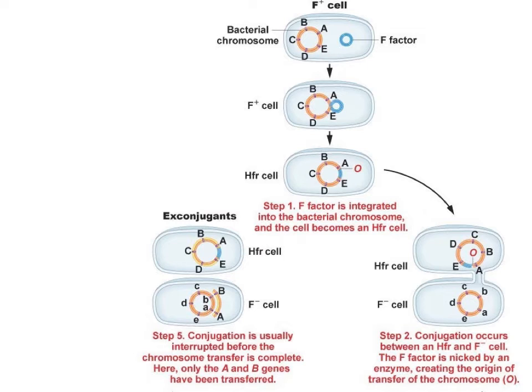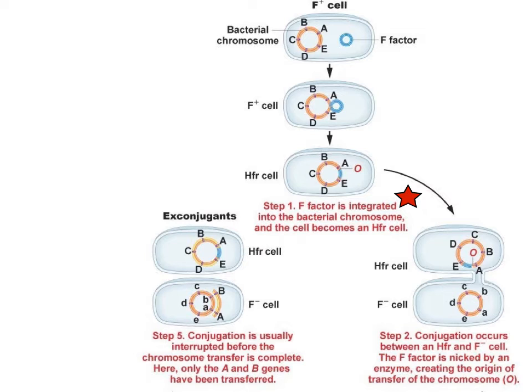So on the bottom right, you will see that this HFR cell, which is itself still F positive, right? It still has an F factor in there. That F factor is just stuck into the bacterial chromosome. This HFR cell can form a conjugation tube with an F negative cell. And notice that in this case, the F negative cell has different alleles, the recessive alleles for A, B, C, D, and E.